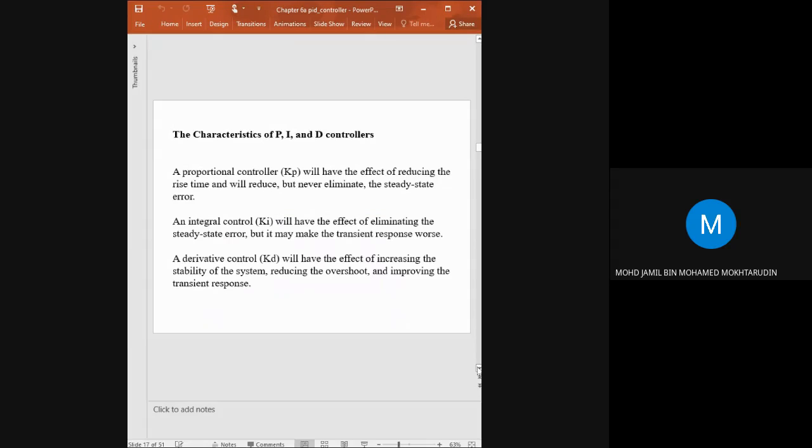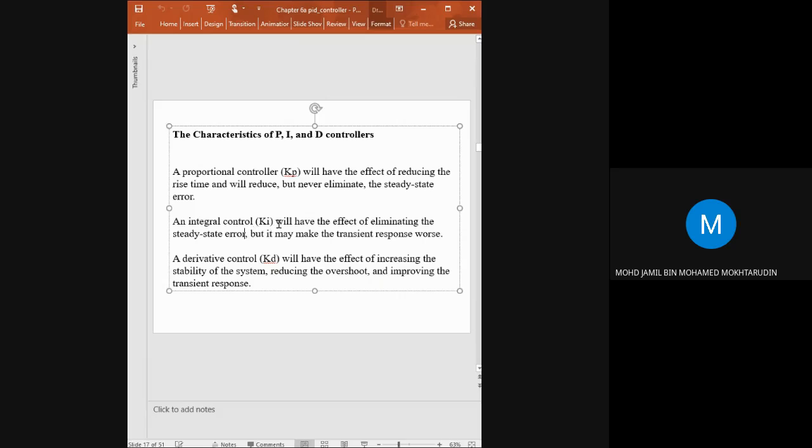Okay, so the basic characteristic of PID. So a proportional controller will have the effect of reducing the rise time and will reduce but never eliminate the steady state error. An integral controller, however, will have the effect of eliminating the steady state error, but it will make the system transient worse, meaning that if you use only integral controller without KP and KD, then it reduces the steady state error, but it will produce more damping and more oscillation.